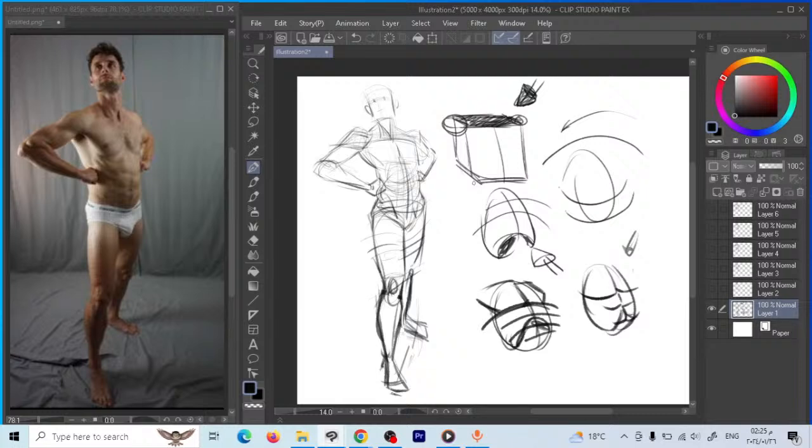He's just lifting his head, looking up, and that's it. That is one thing to know what you're actually looking at. So after analyzing, we're gonna start with the gesture drawing. Okay.